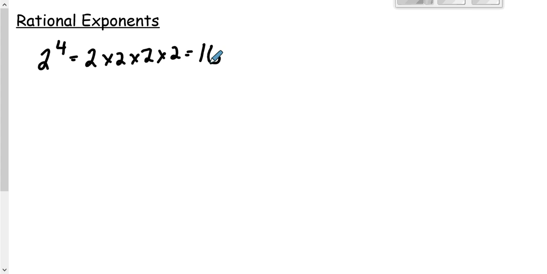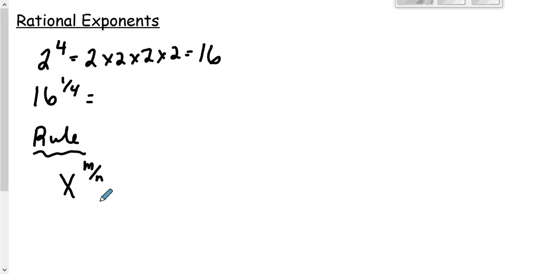Okay, but what if I said to you, what is 16 to the 1/4? Okay, what would that be equal to? Well, the rule is that if you have x to the exponent of m over n, that would be equal to the root sign of x to the m, and then the little n would be written in the front.